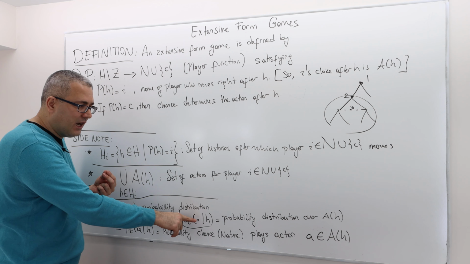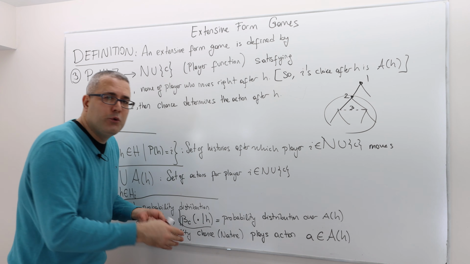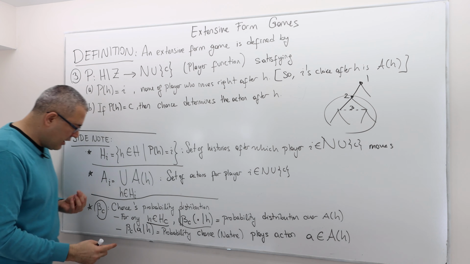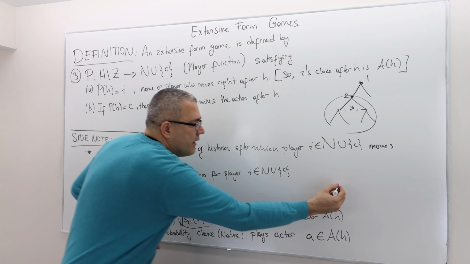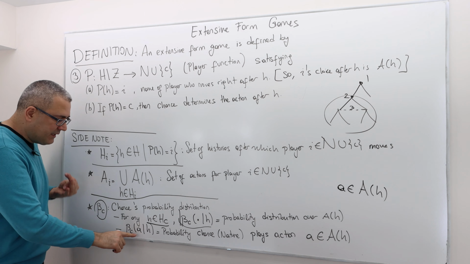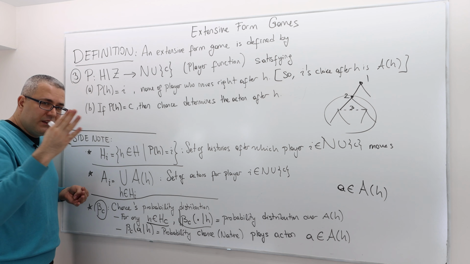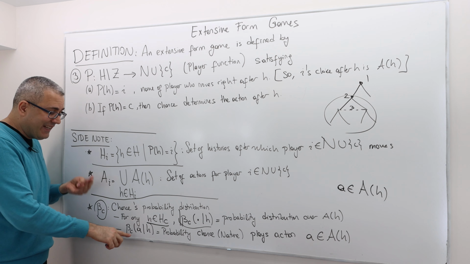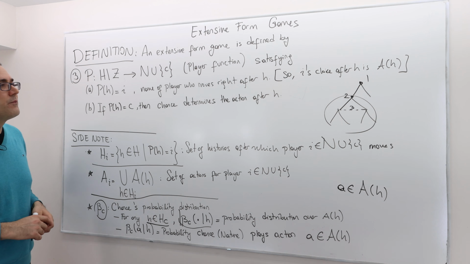So basically this beta C is a probability distribution over the available actions right after H. So for example, beta C of A given H, where A is an action available after history H, means, given the history H, what is the likelihood that nature is going to select action A? All right, so that's what it means.